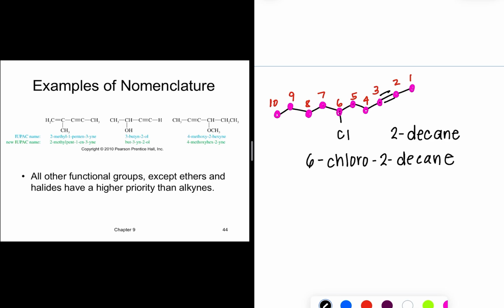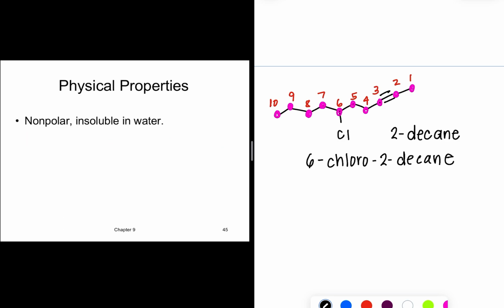We won't be naming things with other functional groups except when we get to alcohols, which are going to trump the triple bonds and the double bonds. But if you have a double bond and a triple bond in the same molecule, it would be classified as an alkyne, not an alkene, but it does have a double bond.